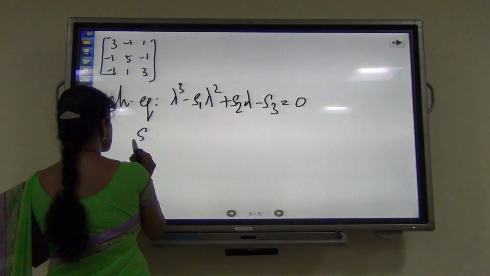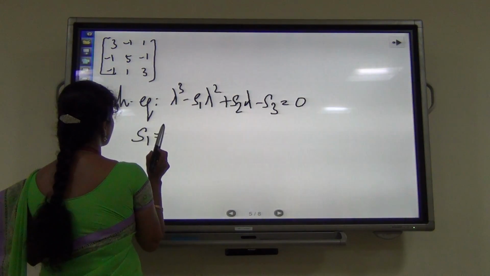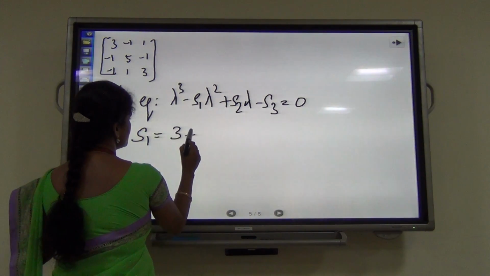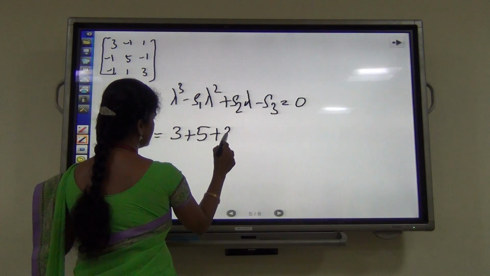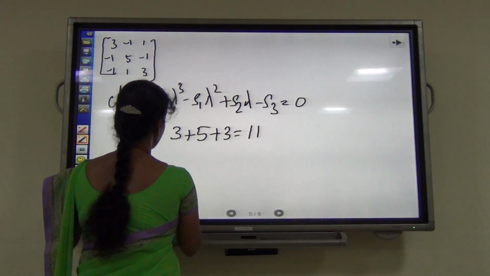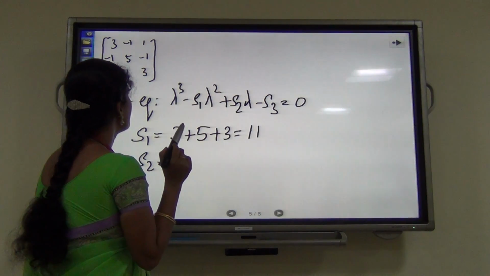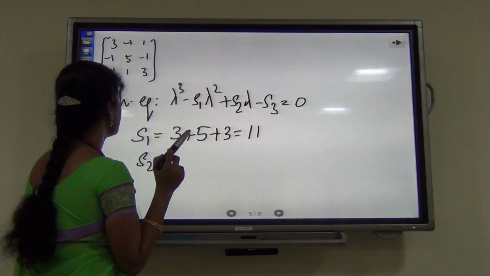Let us find S1. S1 is the sum of the main diagonal elements. It is 3 plus 5 plus 3, which is equal to 11. How do you find S2? It is the sum of the minors of the main diagonal elements.